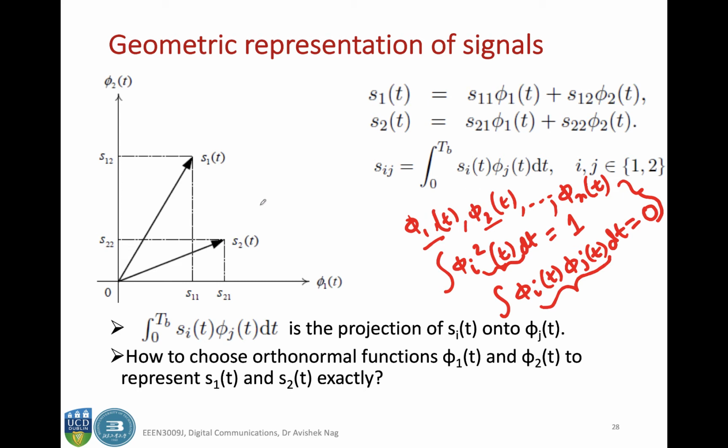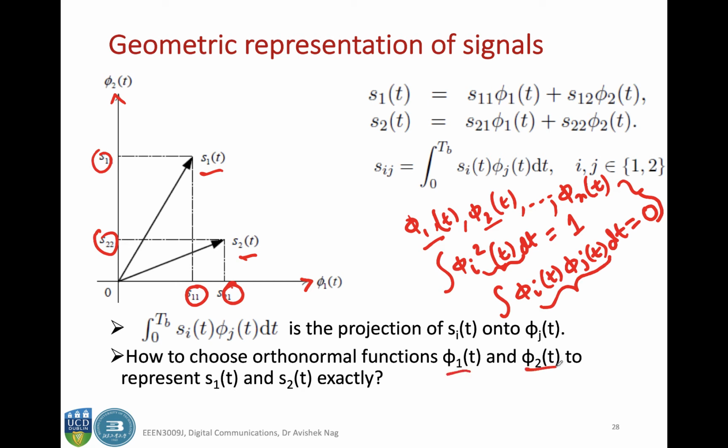For the special example of a two-dimensional signal space, we can represent it using a set of axes along the phi 1 direction and phi 2 direction, and then we can have the signals s1 and s2 defined as vectors with their corresponding projections on the phi 1 axis and the phi 2 axis. Now the question where we stopped at the end of the last video is how to choose these functions.